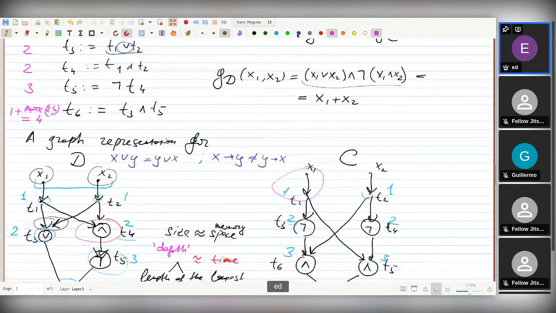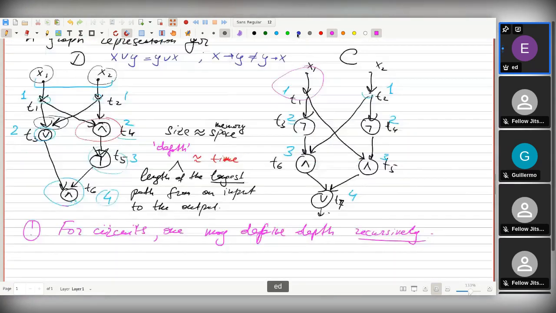Okay. So the depths of these circuits appear to be equal. They are of the same time efficiency. It takes 4 seconds for both circuits for the signal to propagate from inputs to the outputs.